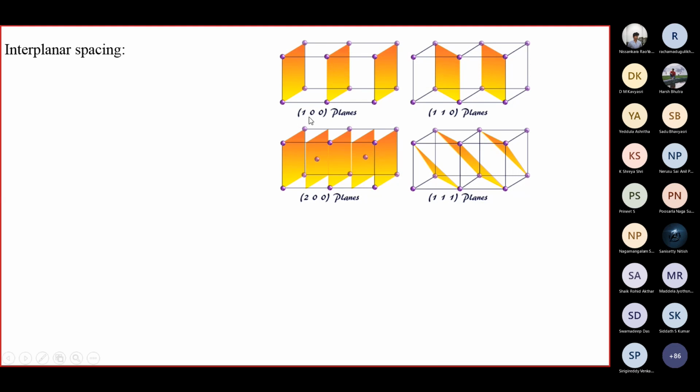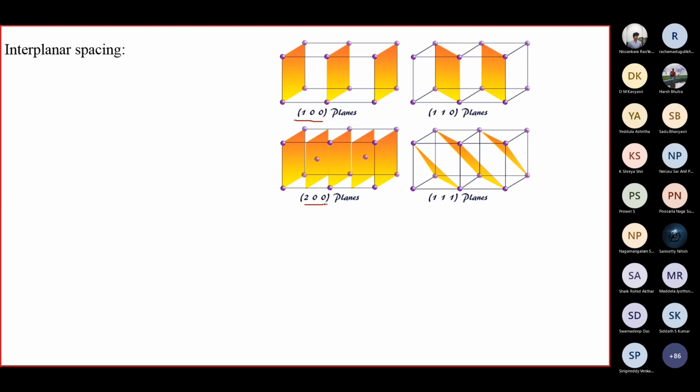So the first one, if you see, is the 100 plane. The HKL values of this plane are 100. In the second one, it is the 110 plane. Go on repeating this plane, you get the same structure as it was before, the same cubic structure. Next, here we are considering the 200 plane.